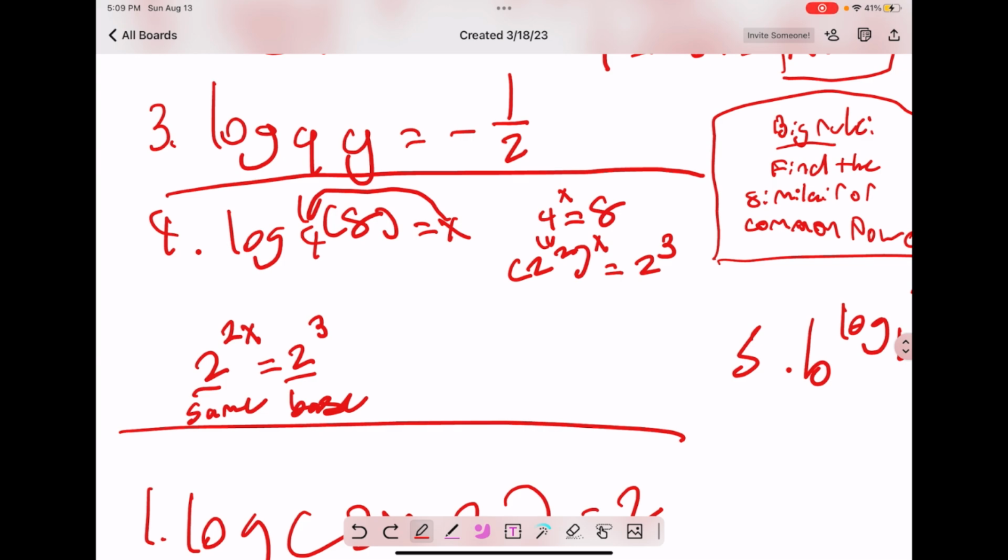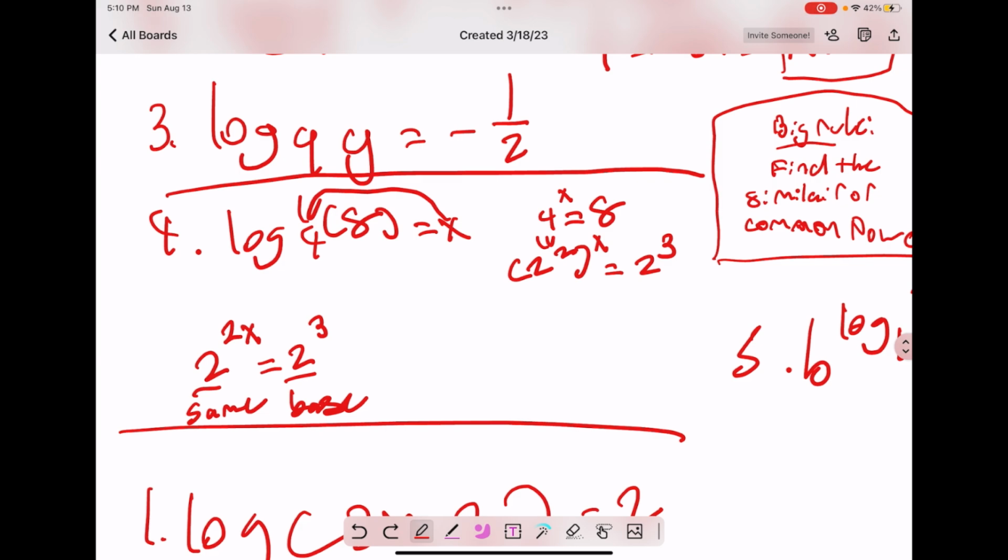So let's say there was 3 to the power of 2x equals 3 to the power of 3. You don't want to multiply that or find the exact value of both of them, because then you would have to convert them back to the common power. All we want to do is set the exponents equal to each other because it's the same base.